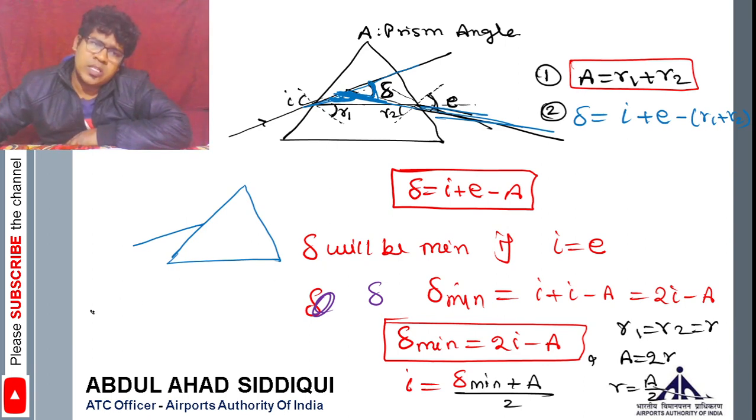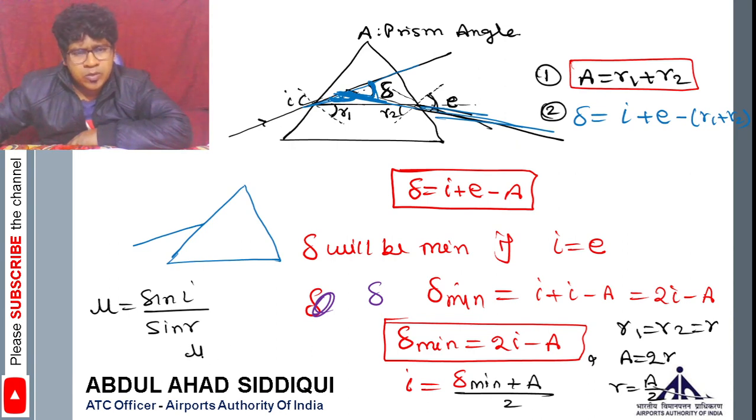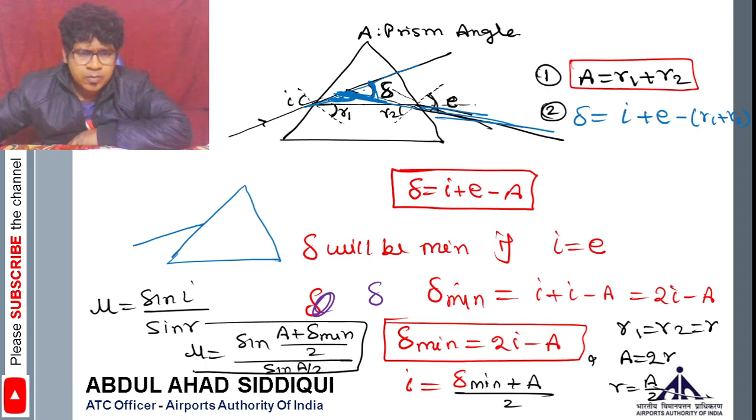Snell's law says that mu, the refractive index of the prism, is equal to sine I upon sine R. So mu is equal to sine of (A plus delta minimum) by 2 upon sine R, and R is A by 2. So this is your formula.